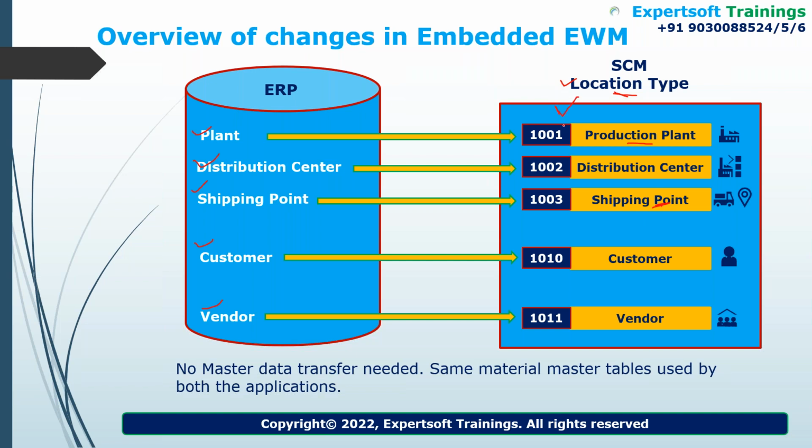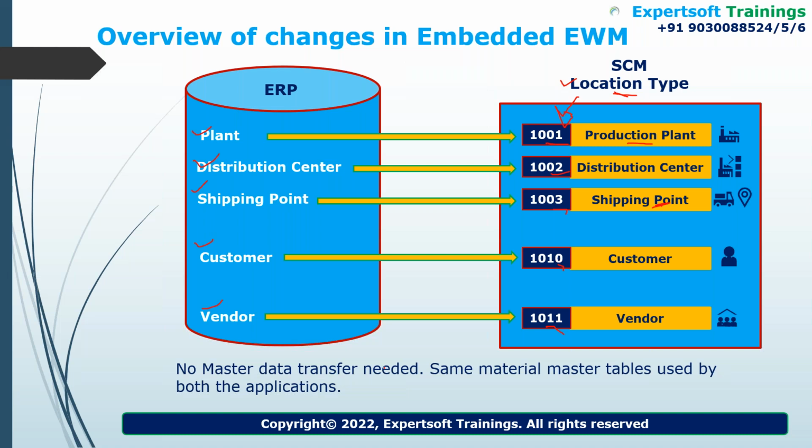But the location type is important. Based on the location type, you can bifurcate whether this is your plant, your distribution center, your shipping point, or your customer or vendor. But now in this particular case, no master data transfer is needed in the S4 HANA system. Why?